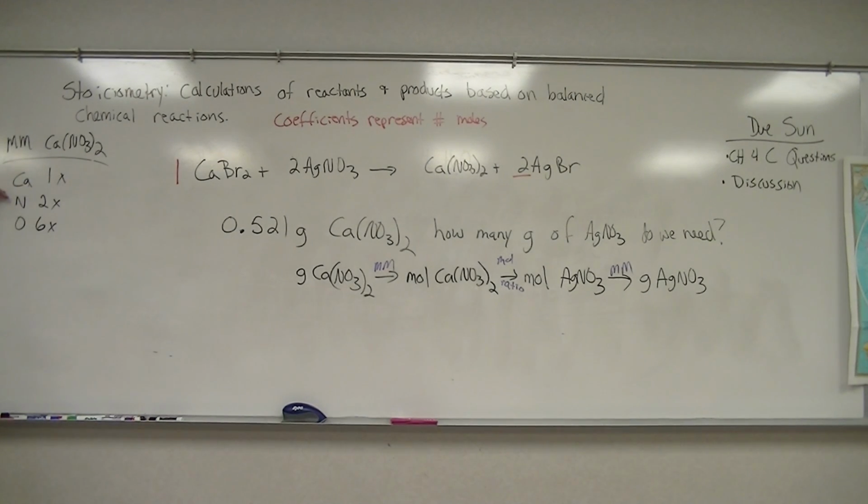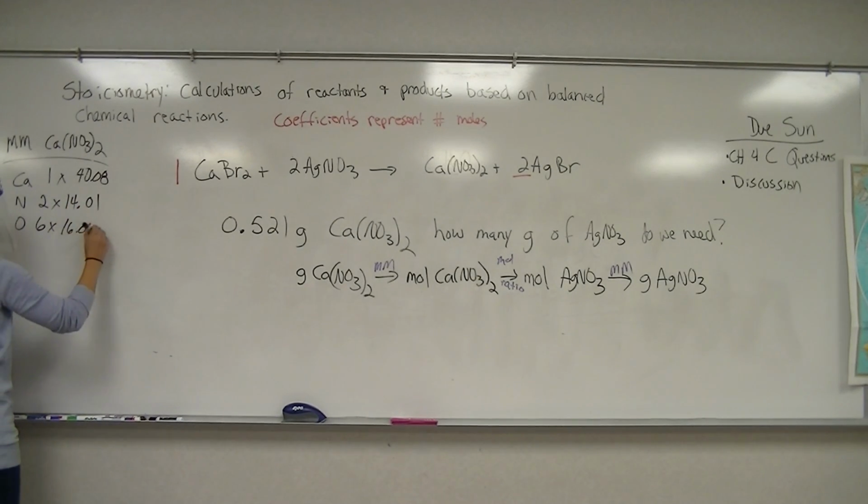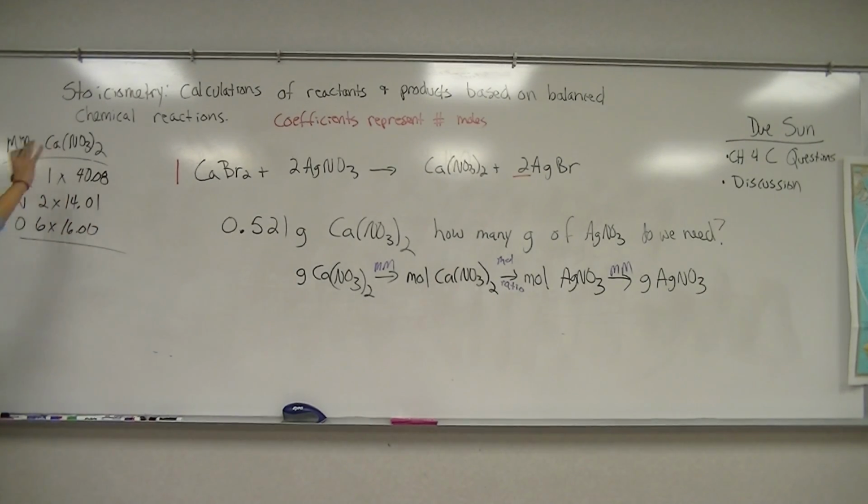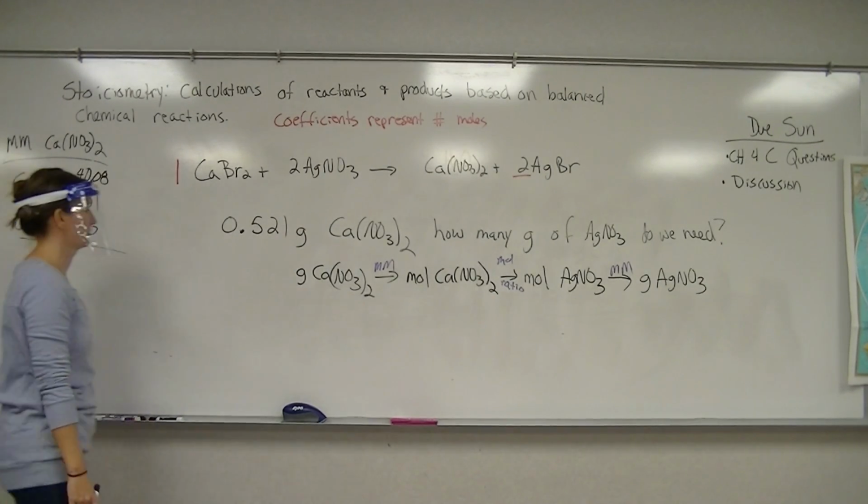Next column, we're looking at these elements on the periodic table. There's calcium 40. Nitrogen is 14 something. And oxygen 16. Multiply all those across and then add them all together.